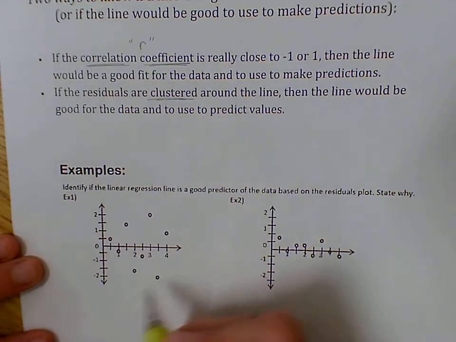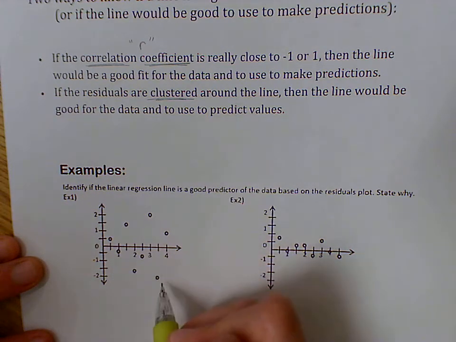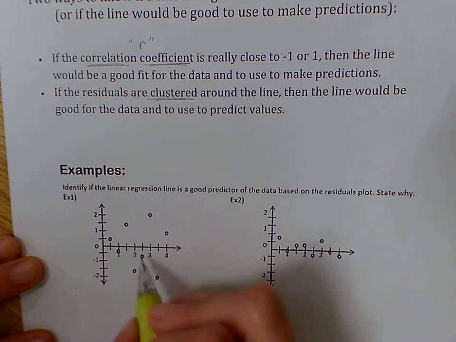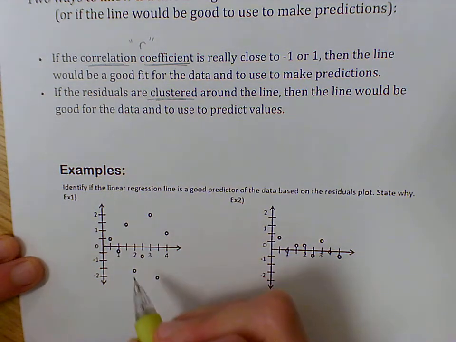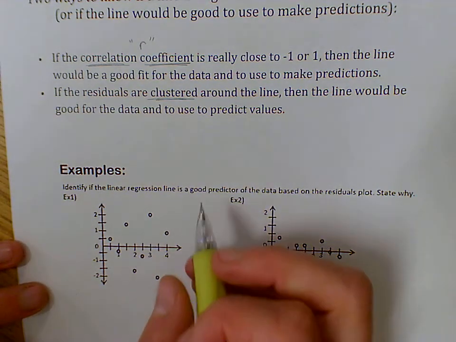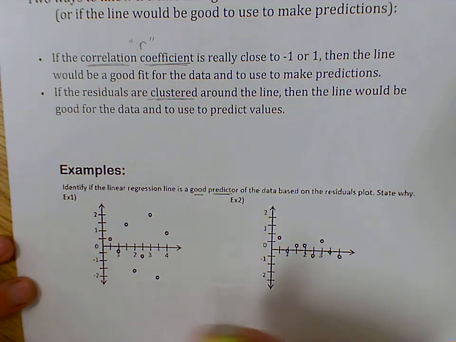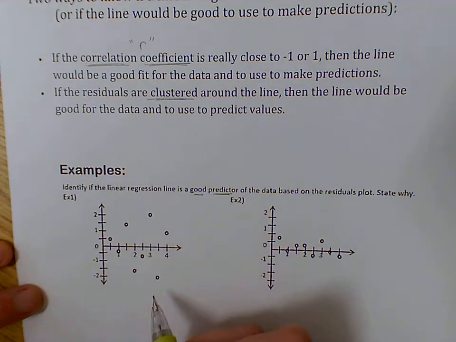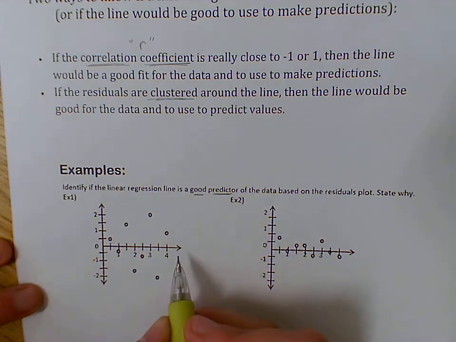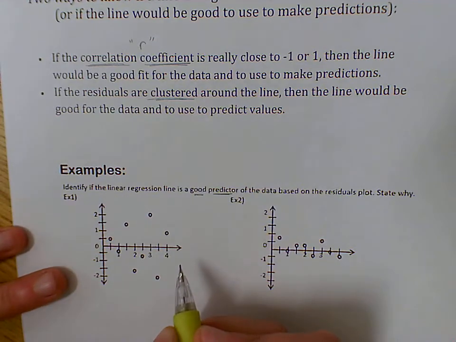Looking at these two examples, for this one, with what we talked about a minute ago, the dots are random, and there's about the same number of dots on one side as the other. So this could be a good residual plot showing that the line is a good fit for your data. But would it be a good predictor? If you look at this one compared to that one, the dots are a little further away from the line. The further away the dots are from the line in the residual plot, the less good it may be to make predictions with.